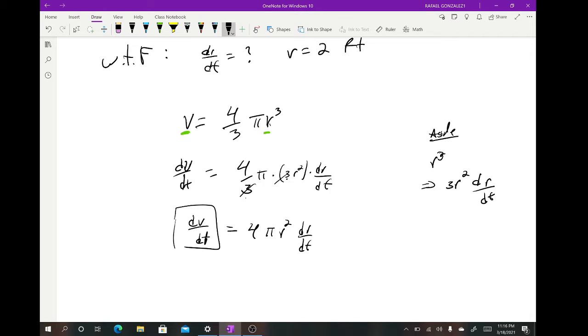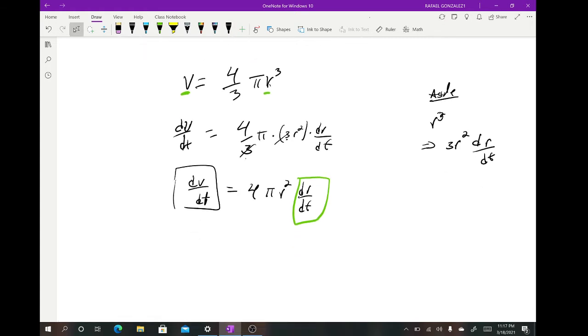But what we're actually trying to find, we're trying to find dr/dt. So we have to solve for dr/dt here. Now notice that we are multiplying dr/dt by 4 pi r squared. So the opposite of multiplying by 4 pi r squared is to divide both sides by 4 pi r squared.